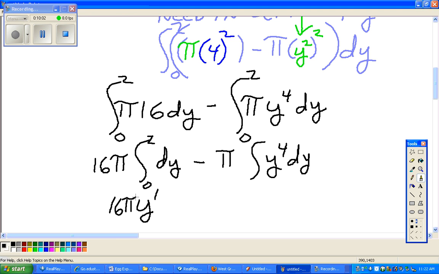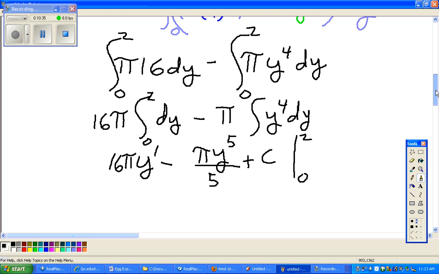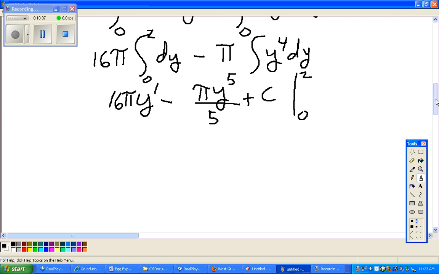16 pi. If we integrate y to the fourth, we're going to get y to the fifth. My negative sign separates them. I should include the constant. I should so that I'm going from 0 to 2. So put the numbers in.